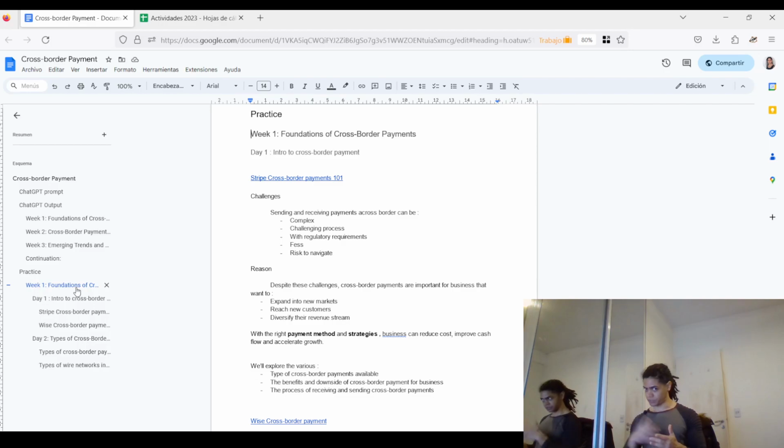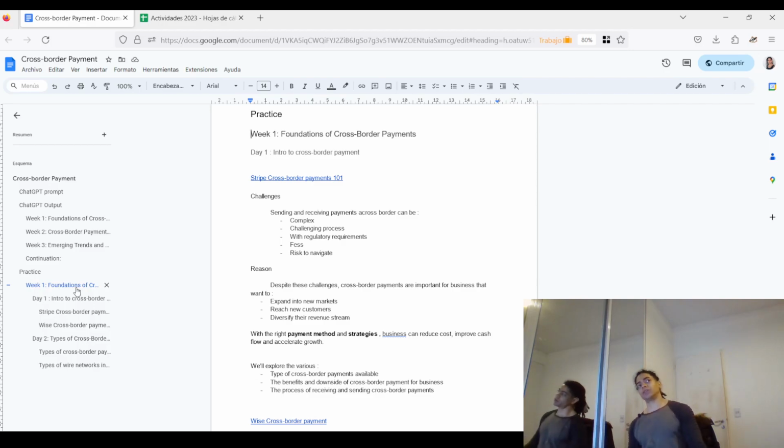Despite these challenges, most businesses recognize the importance of going with it, because it allows them to expand to new markets, find new customers, and diversify their revenue streams. This is all the definition from Stripe and Wise.